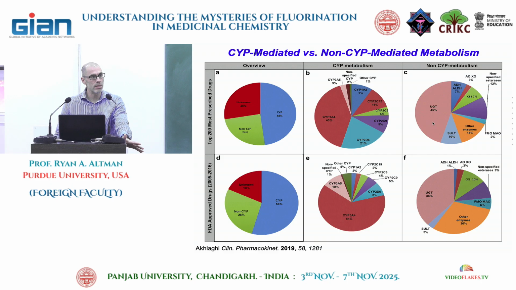And so drug metabolism can occur by a variety of enzymes. About 50% of approved therapeutics are metabolized by a family of enzymes in the liver called CYP enzymes, cytochrome P450 enzymes. That's the blue areas over here. 50% of approved drugs get metabolized by CYP metabolism.